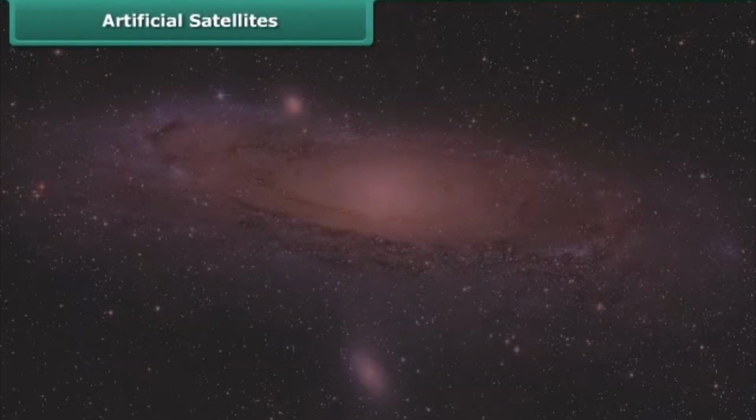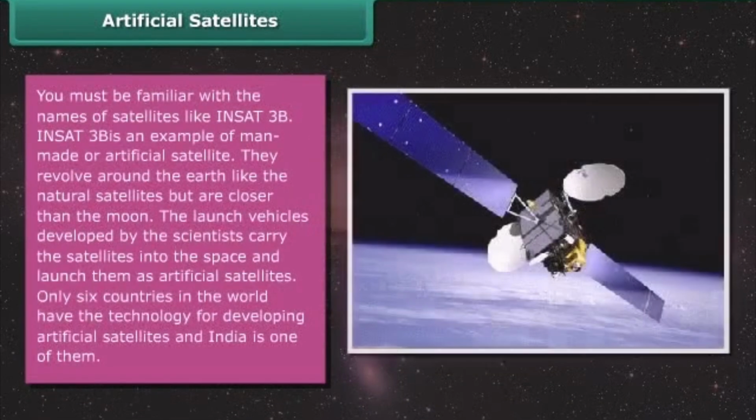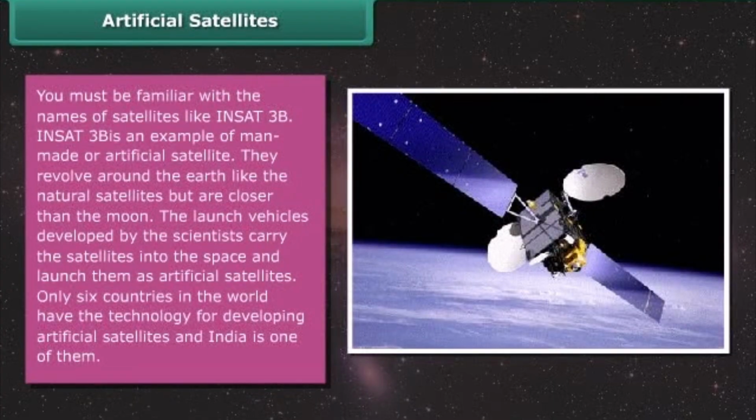Artificial satellites. You must be familiar with the names of satellites like INSAT 3B. INSAT 3B is an example of a man-made or artificial satellite. They revolve around the Earth like the natural satellites but are closer than the Moon. The launch vehicles developed by the scientists carry the satellites into space and launch them as artificial satellites.